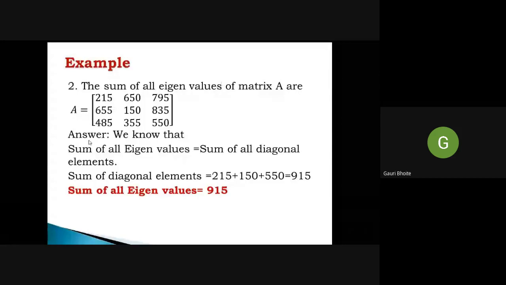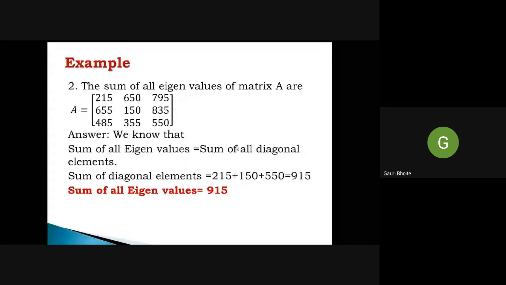Which property? The sum of all eigenvalues is the same as the sum of all diagonal elements. So take the sum of the diagonal elements: 215, 150, 550. The sum of the diagonal elements is 215 plus 150 plus 550, which is 915.